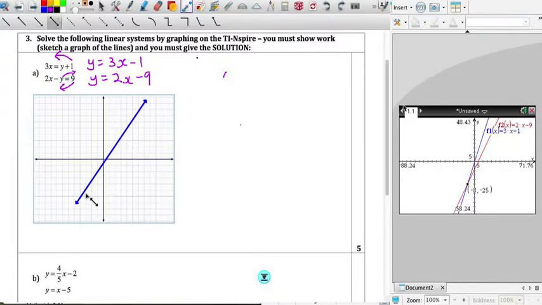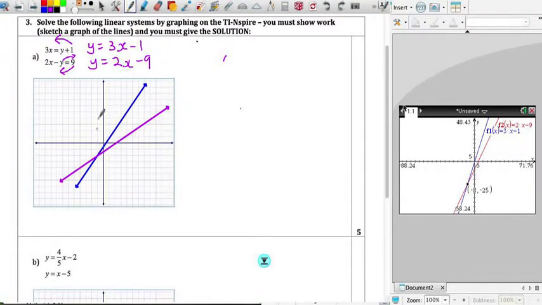The second one is going to have a y-intercept of -9, and so we're going to have a graph that's going to look a little bit like that, an approximate representation.